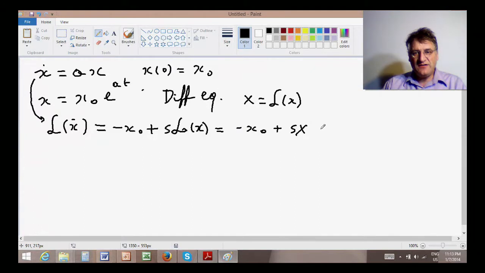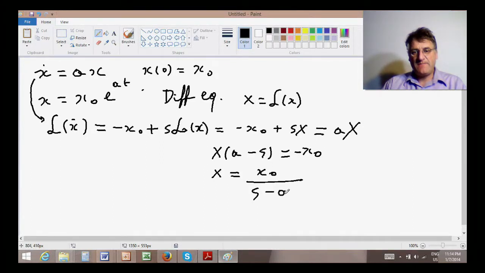Now the right hand side tells us that since x dot equals ax, the Laplace transform of x dot must be equal to the Laplace transform of ax, which is a times X. So by factoring out and putting equal things onto the same side, X times a minus s equals minus x0, or X equals x0 divided by s minus a.